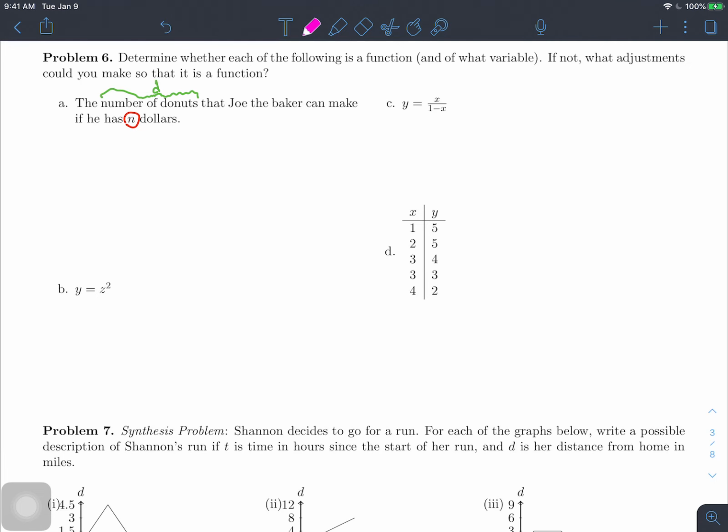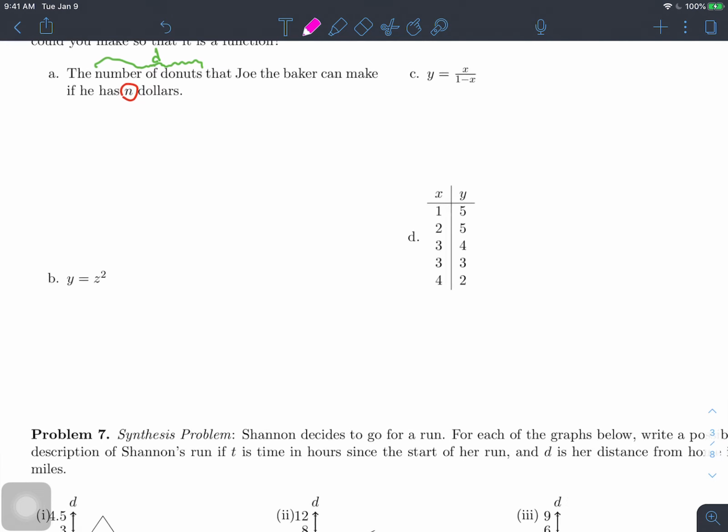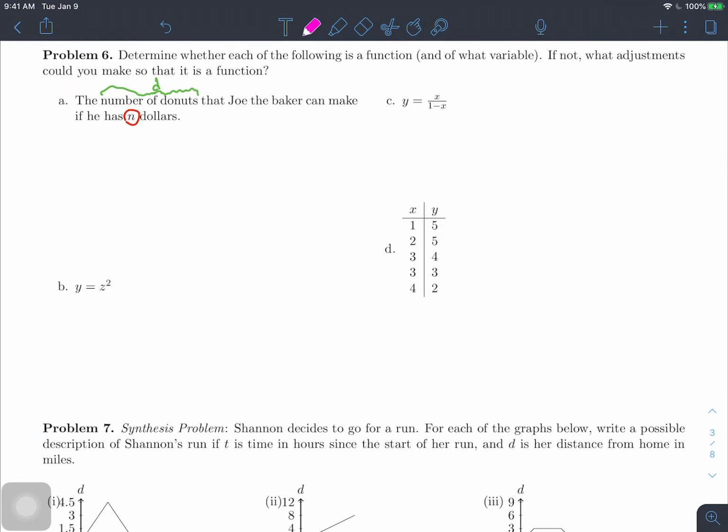Group number 2 had B, y equals z squared. What do we think? Is this going to be a function or not a function? I'm seeing a lot of head nodding, so that means yes. You want to tell me why? Well, it's just going to be a parabola, and if you did the vertical line test. Exactly.